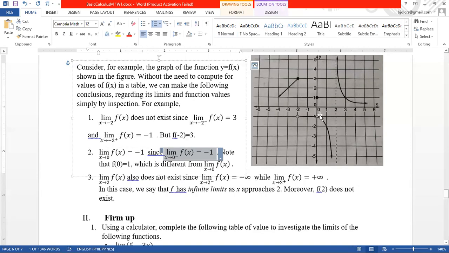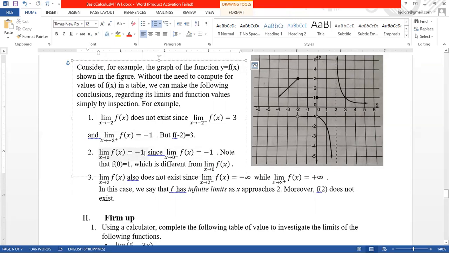Pa-approach lang man siya. Basta giingon gani pa-approach lang, dili siya mo tungtong gyud sa iyang number, sa iyang 0. Asa siya pa-approach, ana. So negative 1. So next na pod, ang from the right, negative 1 gihapon.